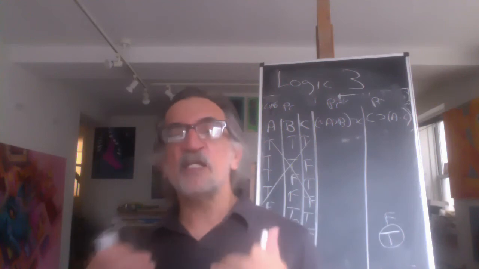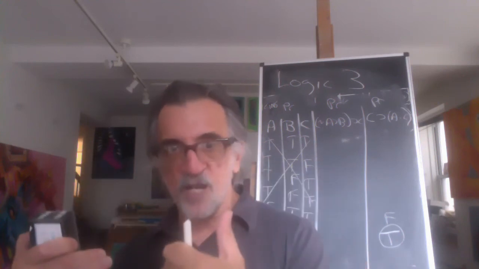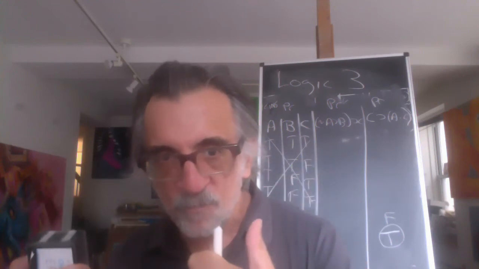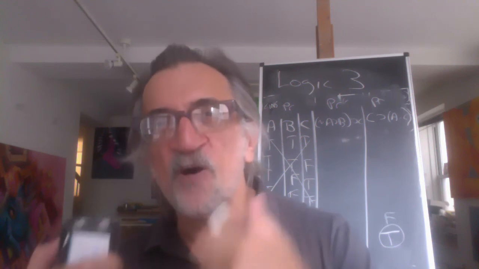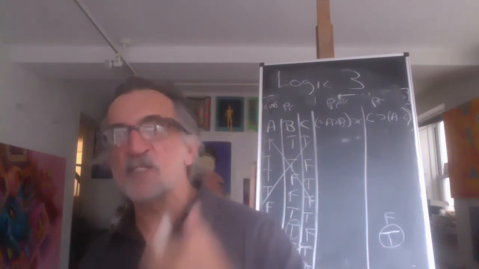Okay, then if C, then A and C, but A is false, therefore A and C is false, therefore this premise is false. That means, okay, you have to be careful. It's very easy to slip into an error right here and to think of the falsity of the premise as the problem.